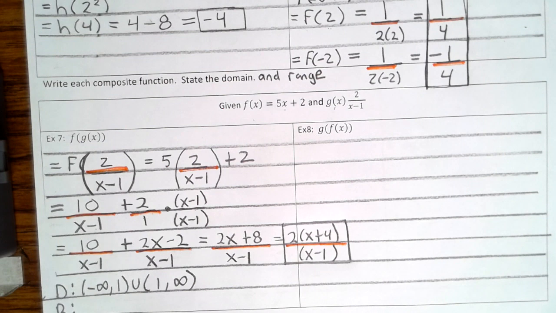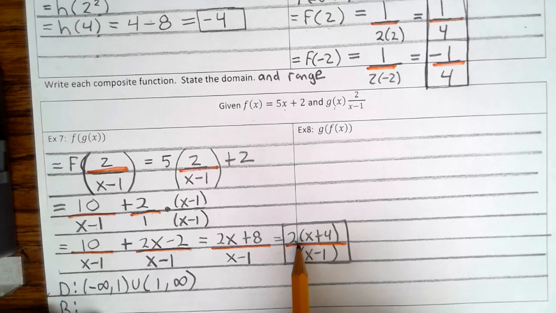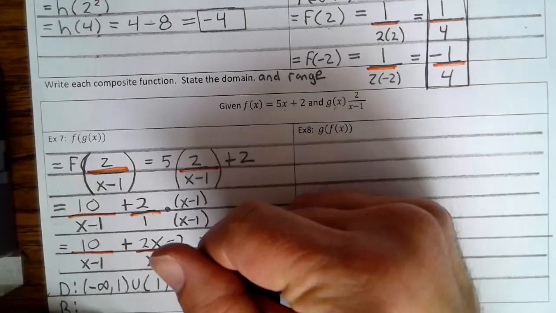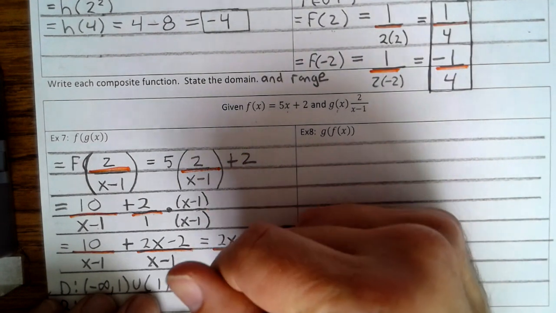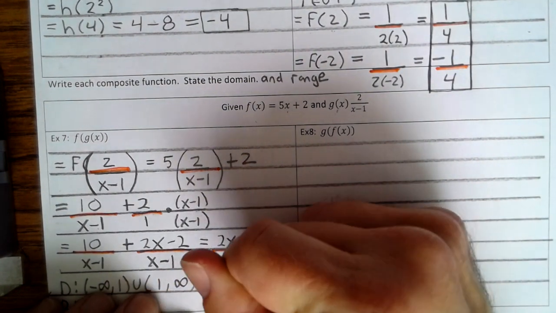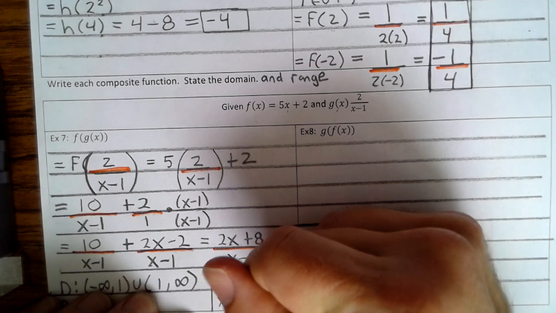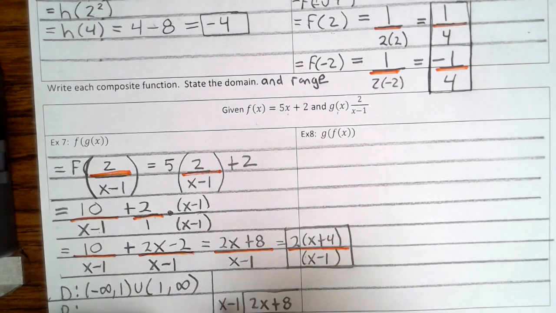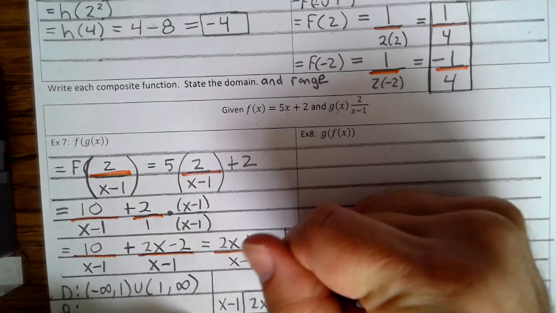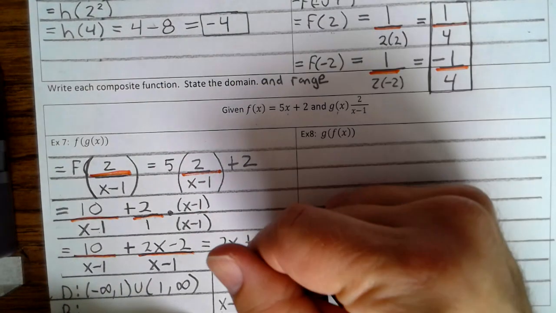So we're going to take, and we'll do it here, x minus 1 divided into 2x plus 8. Well, you ask yourself, what do you multiply x by to give you 2x? The answer is 2. So we have a horizontal asymptote at y equals 2. So our range would be from negative infinity to positive 2, or 2 to infinity.